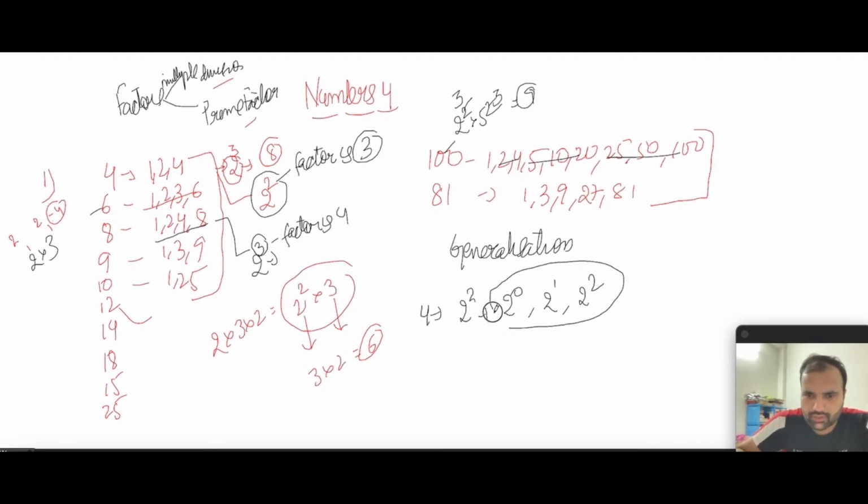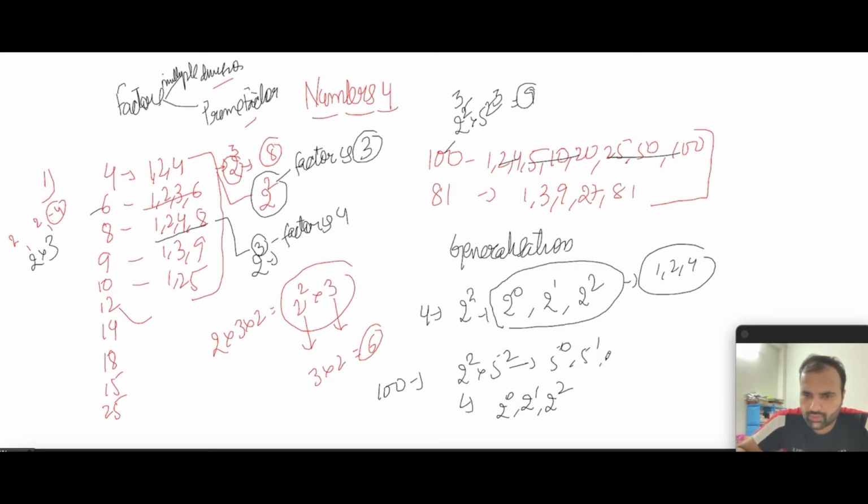These would be the factors, isn't it? 1, 2 and 4. Similarly, when we write 100, it is 2 to the power 2 into 5 to the power 2. So for 2 to the power 2 we have 2 to the power 0, 2 to the power 1, 2 to the power 2, and again 5 to the power 0, 5 to the power 1, 5 to the power 2.